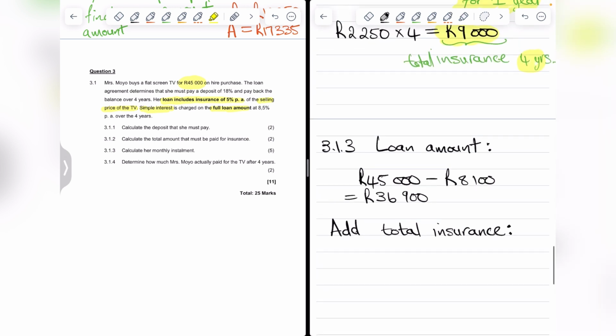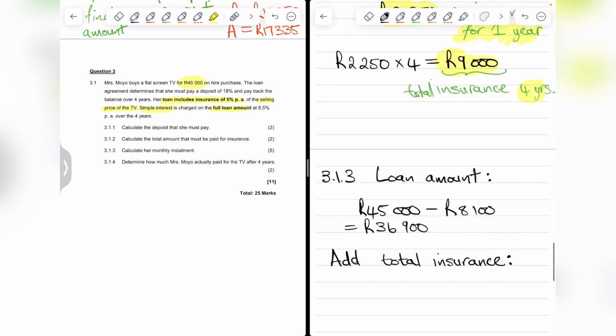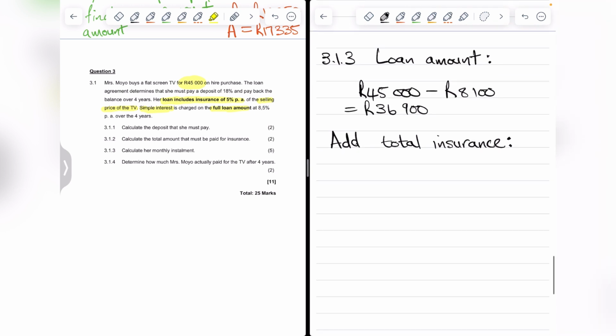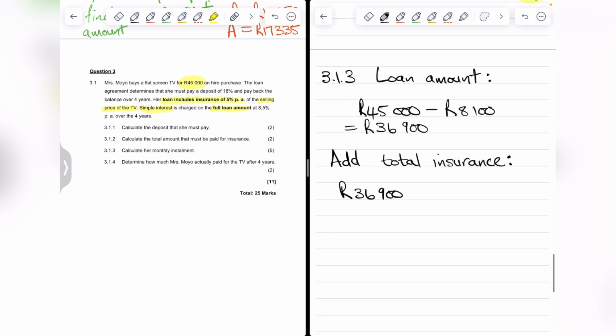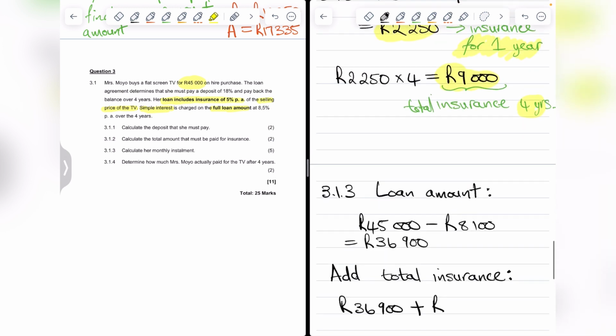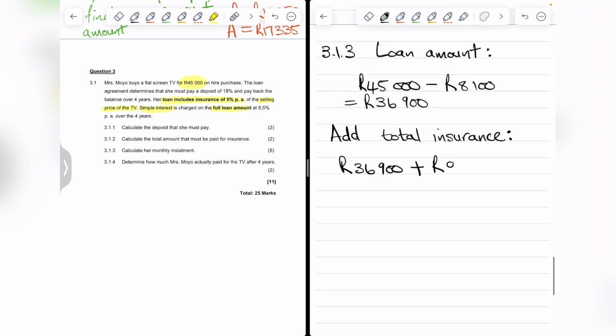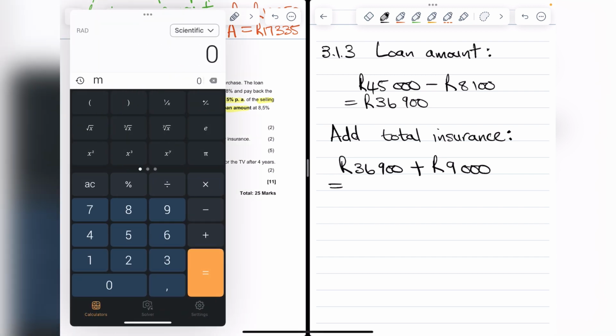So if I add the total insurance, that means adding insurance for the 4 years. So that will be my loan amount that I calculated after I subtracted the 8,100 Rand plus my insurance of 9,000 Rand. And you will notice that I'm using the calculator for practically all the calculations I'm doing.